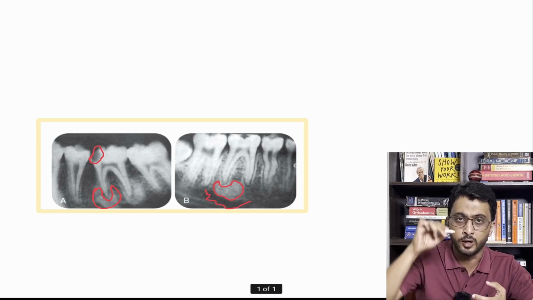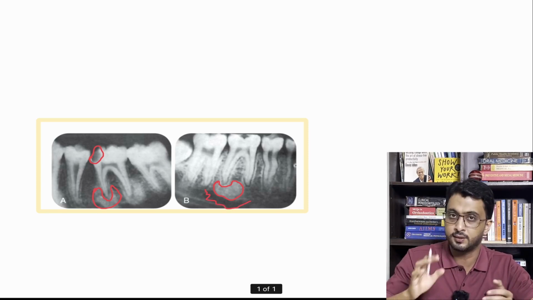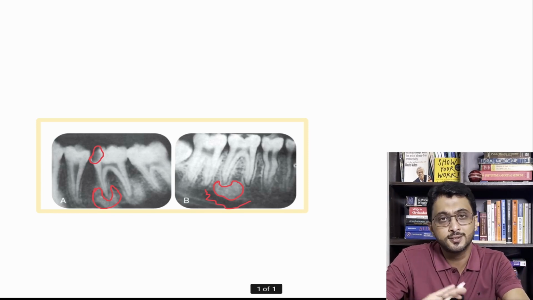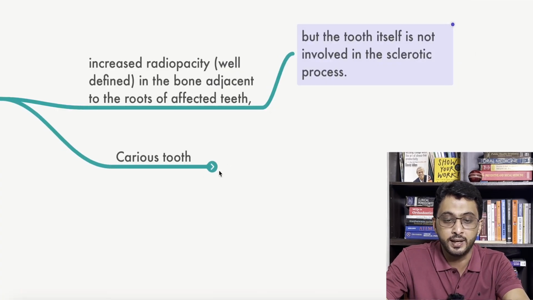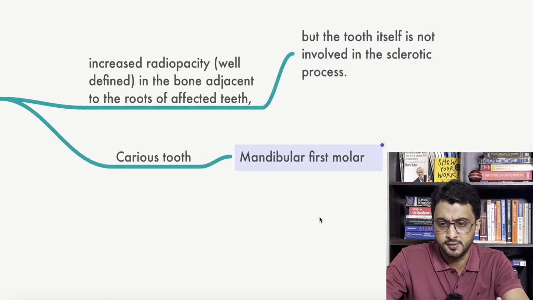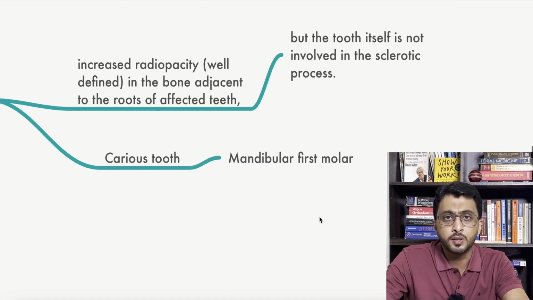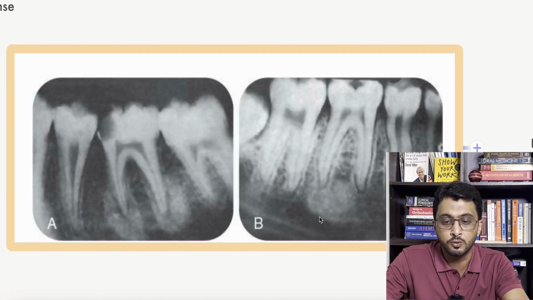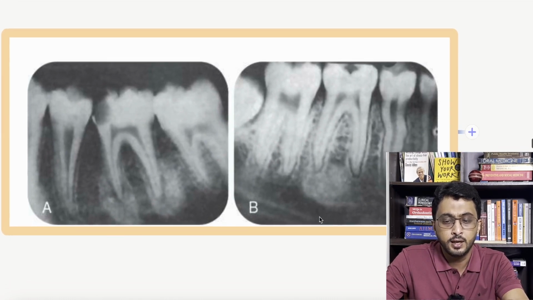It will be around the root. That's also possible, but here there's a clear differentiation. The root stands separate, and there is a carious tooth, majorly mandibular first molars. You can see this picture there, which again, as I've told you, is first molars only. So this is very clear.